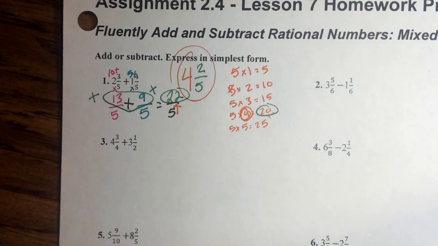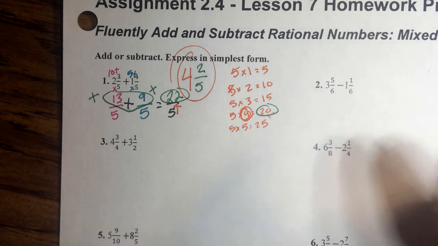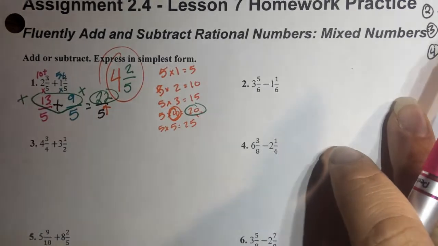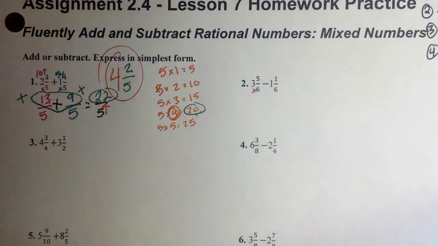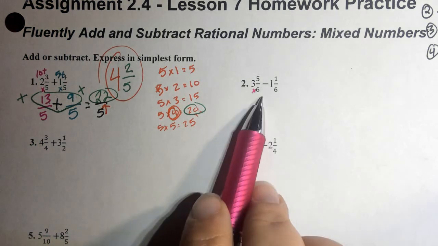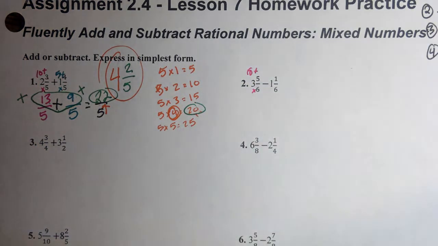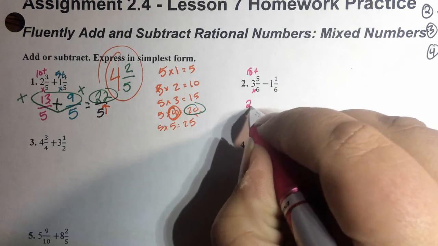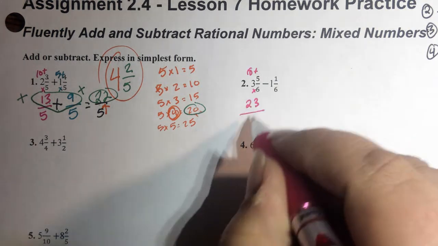Now looking at number 2. These are mixed numbers, and we want to make them improper fractions. So we multiply the denominator and the whole part of the number. 3 times 6 is 18. 18 plus 5 is 23. So we've got 23 over 6.